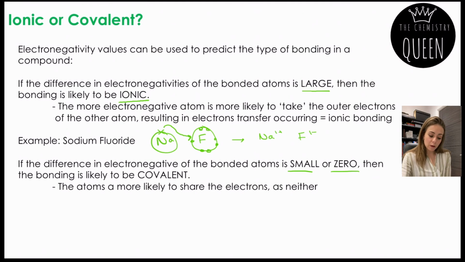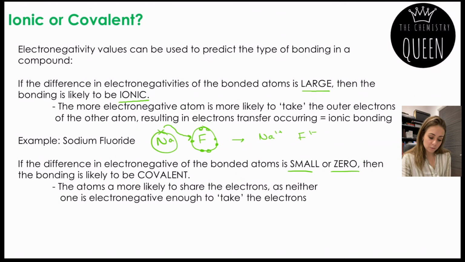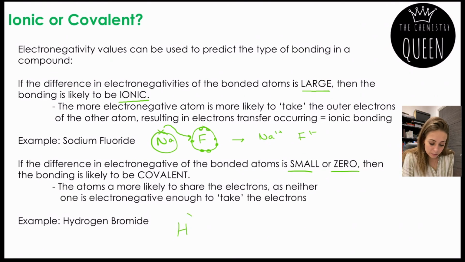The atoms are more likely to share the electrons as neither one is electronegative enough to take them. So that will result in a covalent bond. For example, with hydrogen bromide, the electronegativity values are quite similar, so they will share the electrons rather than transferring them.